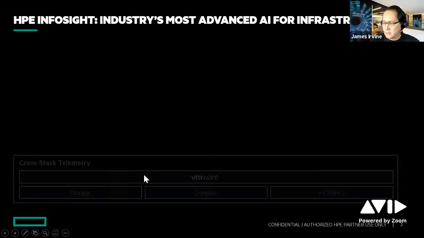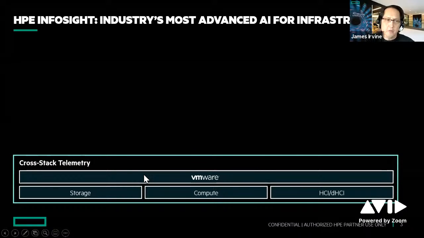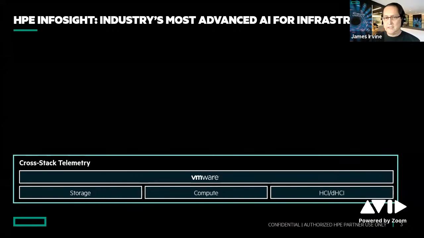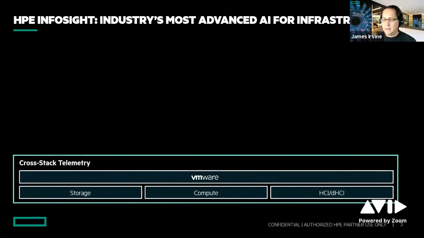So not only do our servers, our storage, and our hyperconverged products have built-in artificial intelligence, we acquired a company several years ago by the name of Nimble that started in 2011 doing artificial intelligence for storage. And when we acquired them, we took that artificial intelligence engine and started applying it to all of the different storage and server technologies within the company, as well as our hyperconverged technologies.